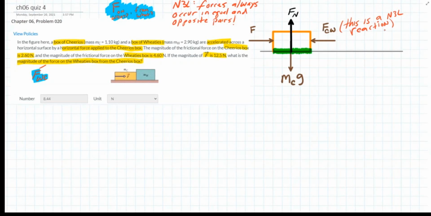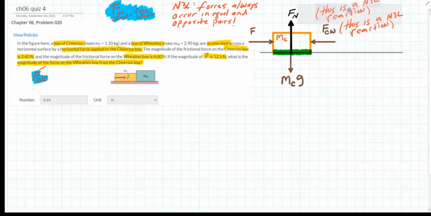All right. So there you have it. That's the free body diagram for my Cheerios. I'll label that right here. This is the mass of my Cheerios box. I'm going to do the same thing now for my Wheaties. I think I'll move this over here. All right, so here's the Wheaties.